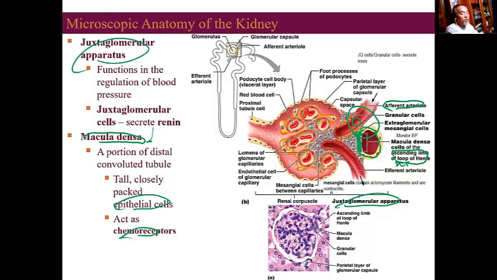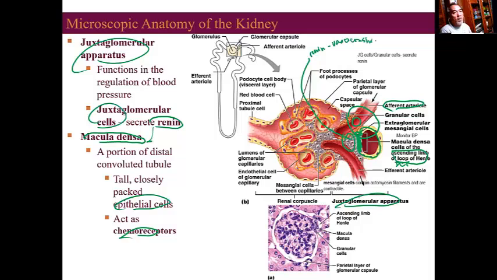the afferent arteriole. Okay, so when the afferent arteriole blood pressure is low, your JG cells are going to release renin, which is a hormone. The JG cells are the ones located around the juxtaglomerular apparatus. The JG cells will then release the hormone renin, and it is a vasoconstrictor.